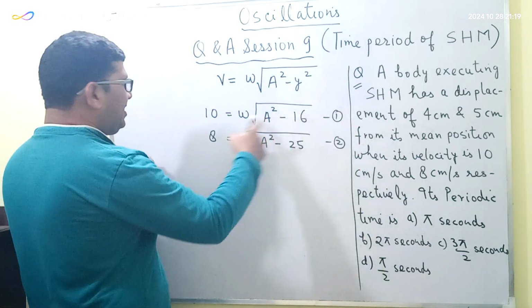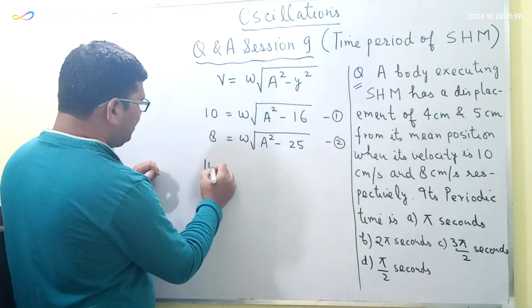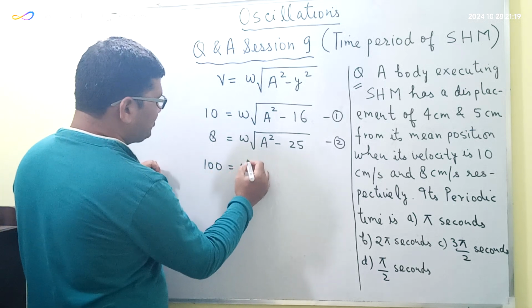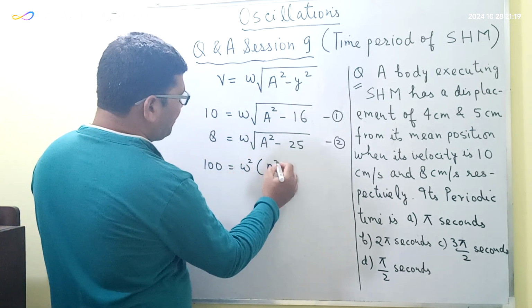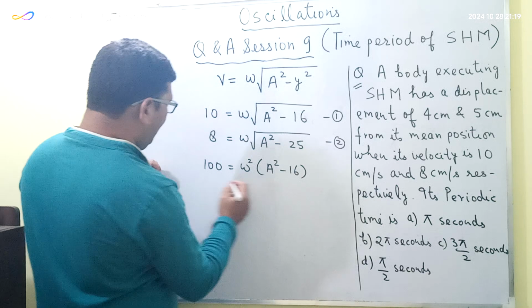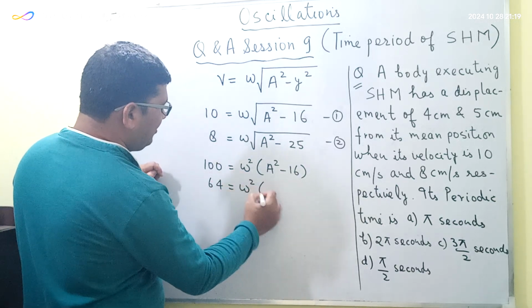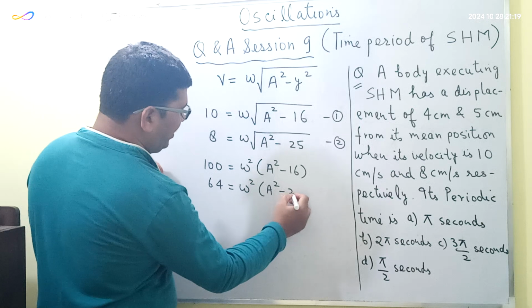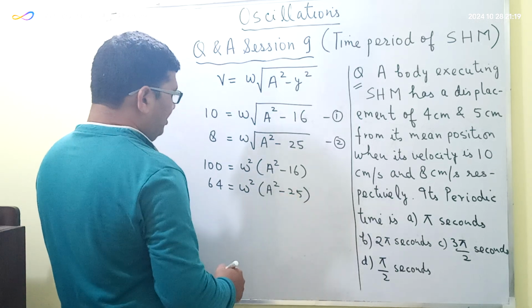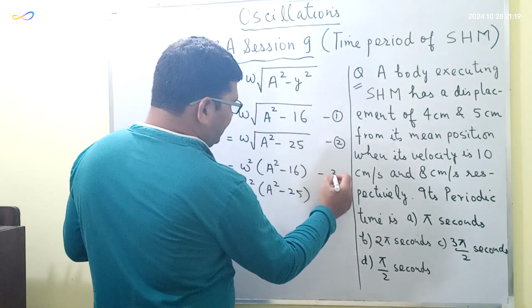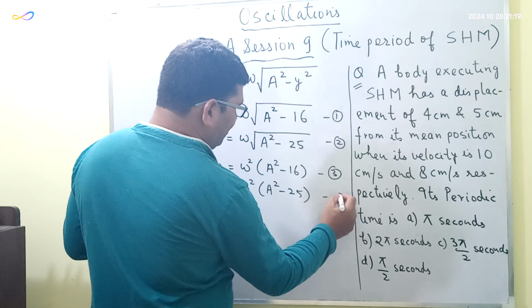Now on squaring equation number 1, I get 100 is equal to omega square in bracket a square minus 16, and this will be equal to 64 is omega square a square minus 25. So let us take this as equation number 3 and this as equation number 4.